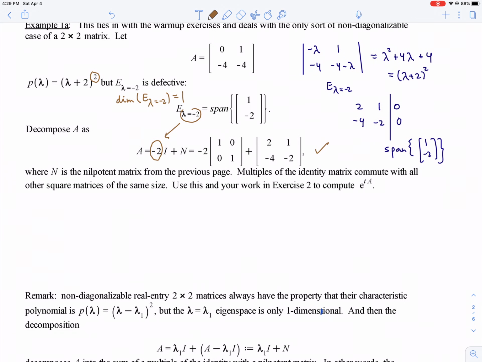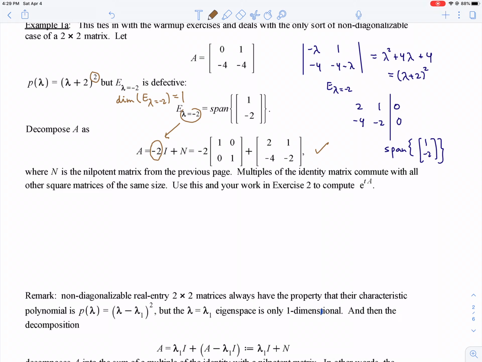Now, remember, when two matrices commute, say A and B, then e to the t times A plus B is e to the tA times e to the tB. And so multiples of the identity matrix commute with all square matrices.